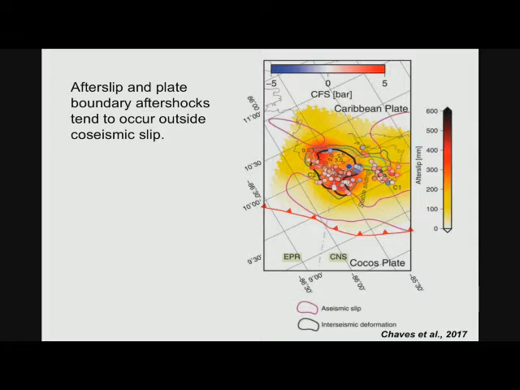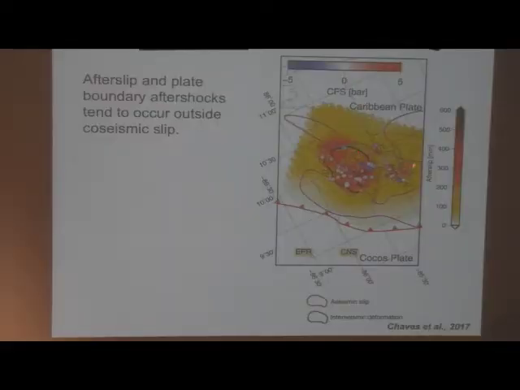This is an example, again, from Costa Rica. Most of the coseismic slip occurred in here, and what's contoured is afterslip. These are amounts of afterslip, only 6 centimeters, about a week after the earthquake.